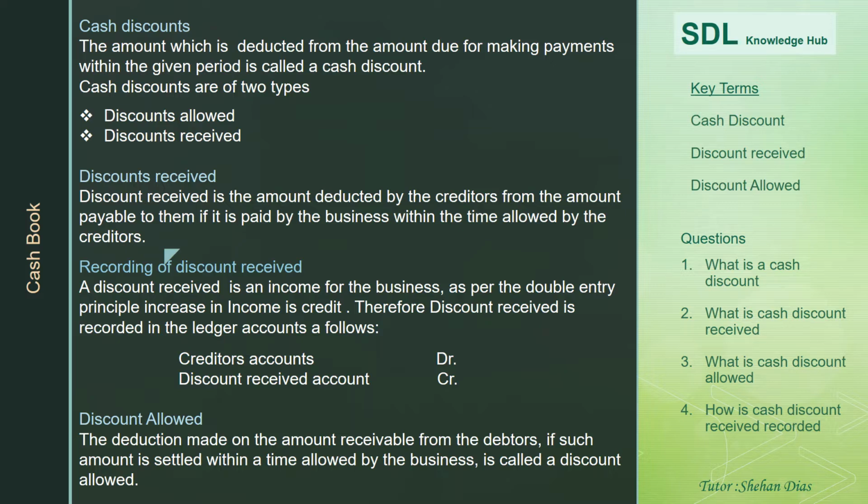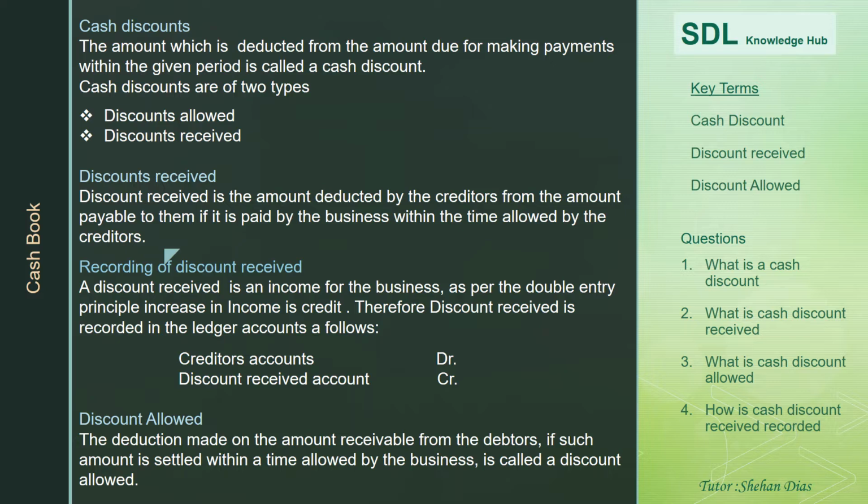Discounts received is the amount deducted by the creditors of the organization from the amount payable if the business pays within the time allowed. The discount received is an income to the organization. Therefore, the discount received is recorded as discount received account credit and the respective creditor's account will be debited.